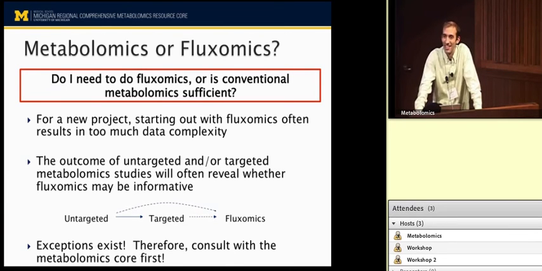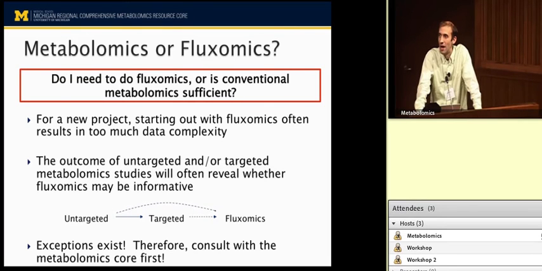Yes. When you say the total level of all isotopes is just the same as level of regular targeted metabolites, if you sum all the isotopes? Yes, I think I understand your question. And so yes, if you do fluxomics experiments, you can get a picture of the total metabolite levels by summing up all the isotopes. That is correct.